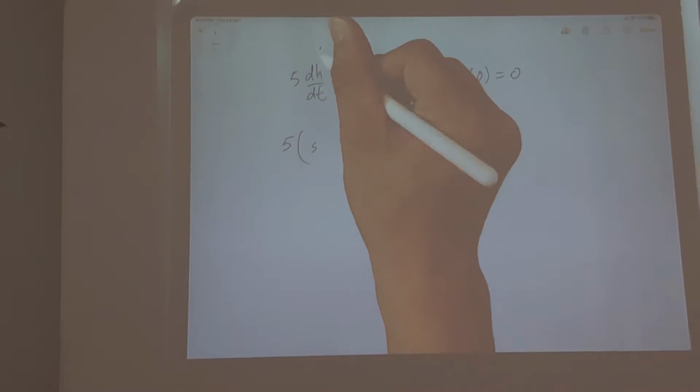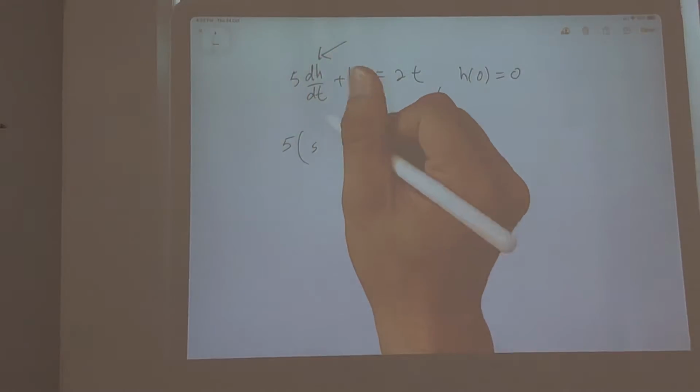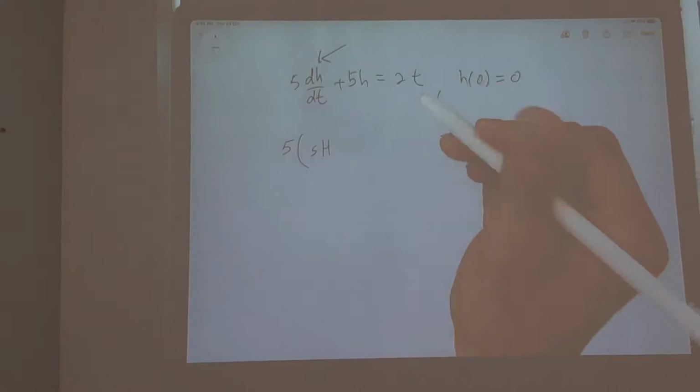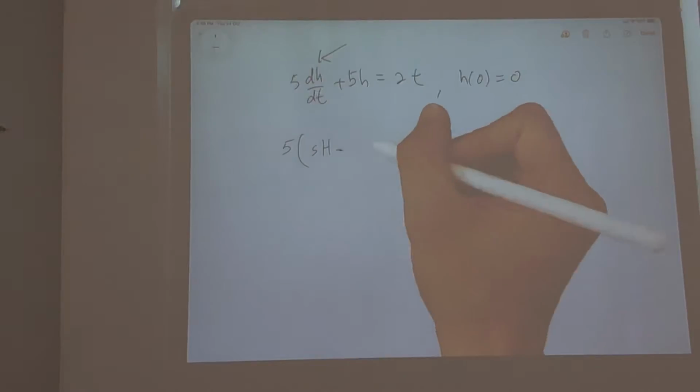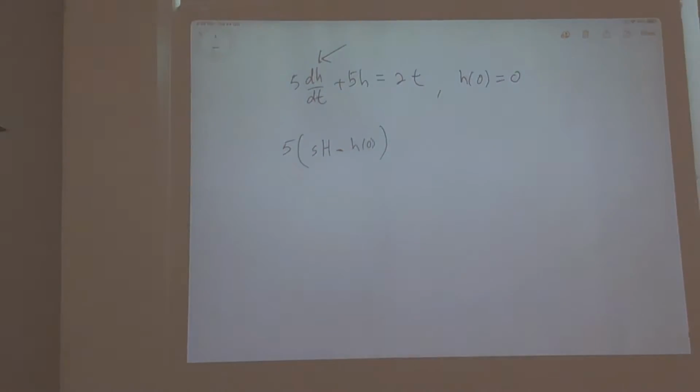This one is differentiation. For differentiation, you refer to the table, it is S, and then this h becomes capital H, then minus h(0). Don't ask me why, just use the table. You always need to refer to this table, alright?